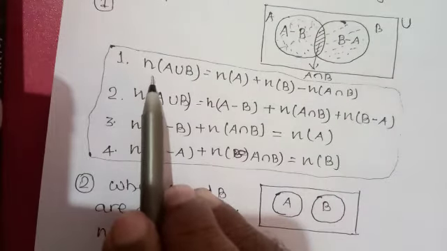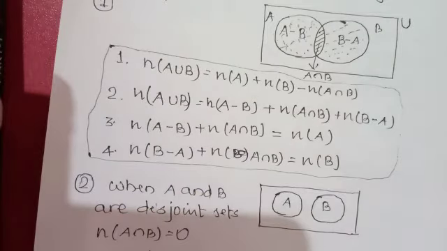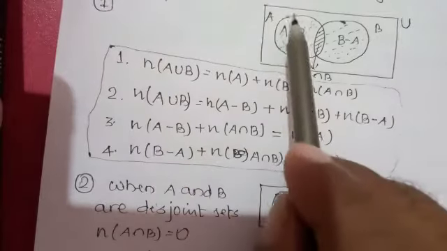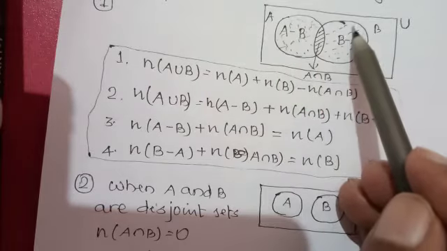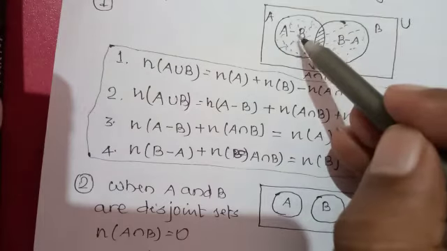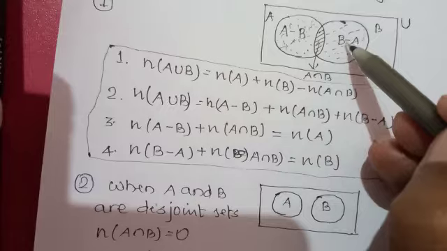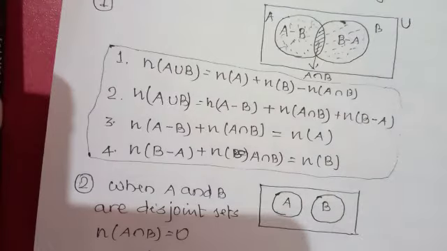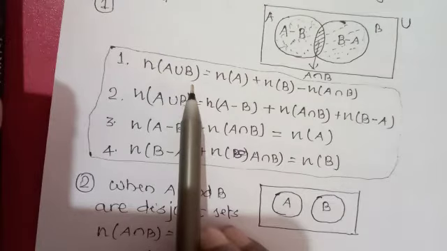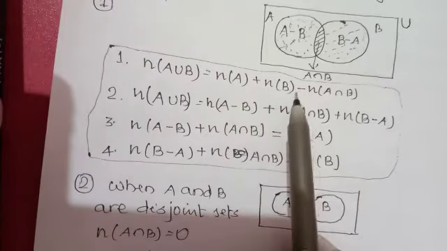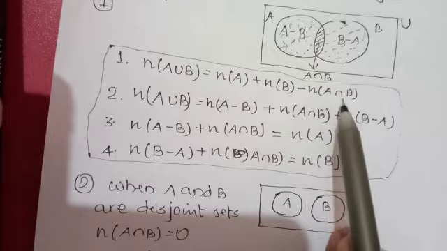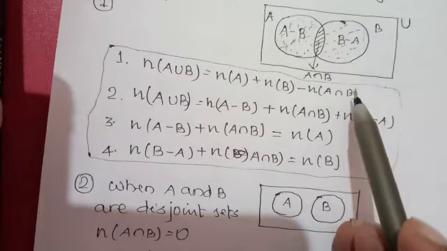First, the number of elements of A union B. Children, you know A union B means all the elements that belong to either A or B. So for the number of elements of A union B, first the number of elements of A, then the number of elements of B. But this portion comes twice, in A and also in B. So subtract one time. So n(A union B) is equal to n(A) plus n(B) minus n(A intersection B). This is your first result, or first formula, you may say.